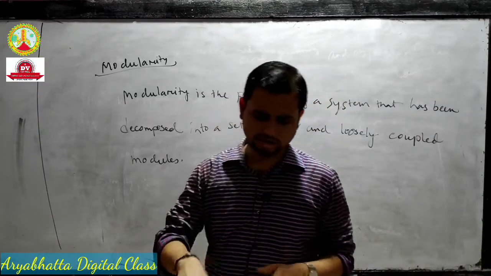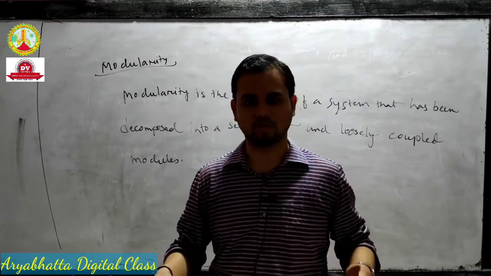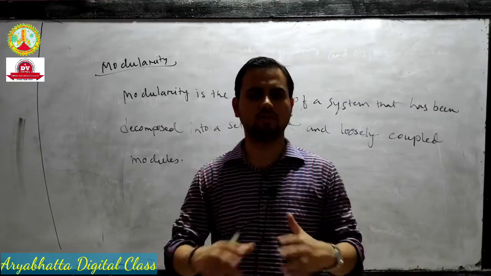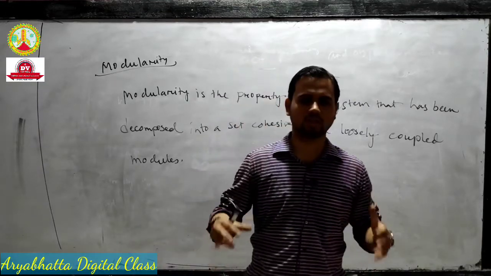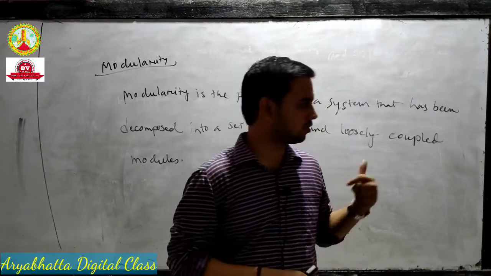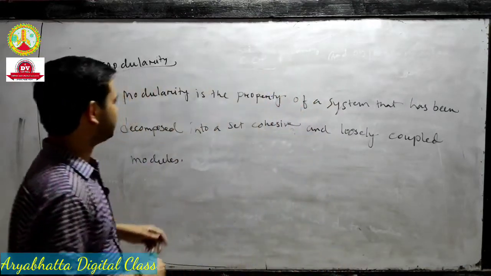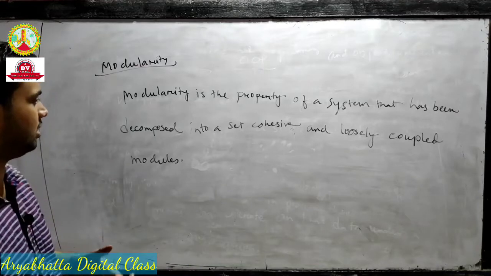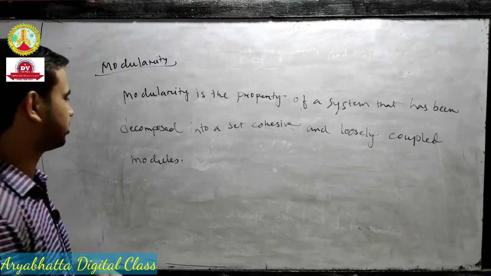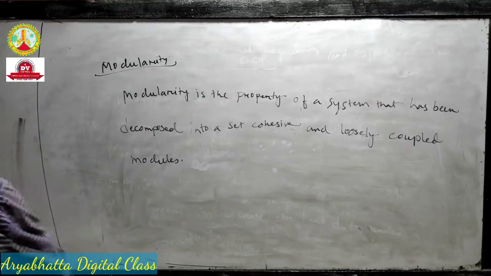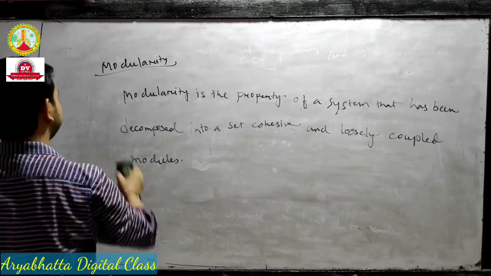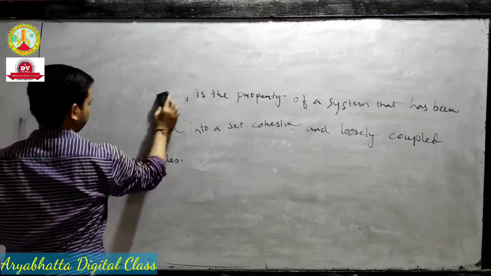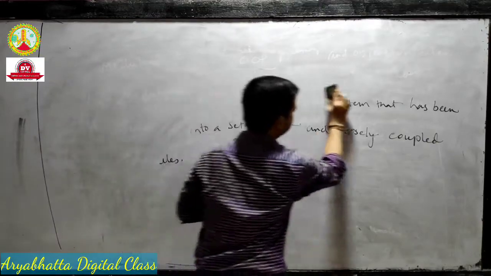All lines have their unique separate work, but when you join all those units, it becomes a program. This is the actual main concept of modularity: a property of a system that has been decomposed into a set of cohesive and loosely coupled modules. Next is inheritance.